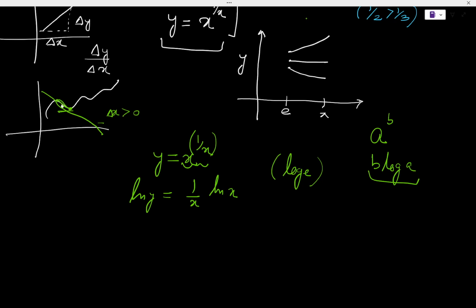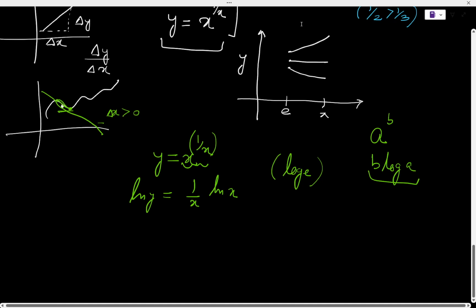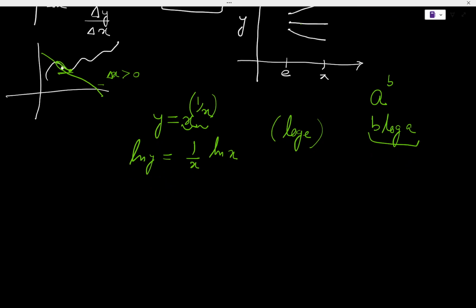Once I take log on both sides, I can then use differentiation rules. If I differentiate ln y, it gives me 1 by y times the derivative of y with respect to x, chain rule. This is equal to, we'll have to use the product rule, 1 by x, derivative of ln x is 1 by x, plus ln x times the derivative of 1 by x. It's the same as x to the power minus 1.